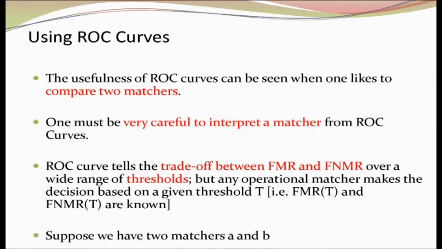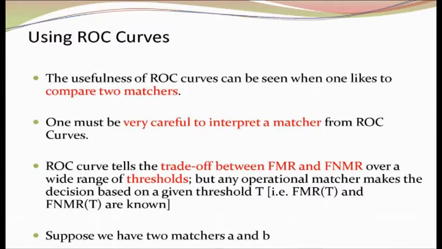Now, this can be used to compare two matchers, but while comparing you should be careful, because you cannot directly say this matcher is better than the other one. I will come to that conclusion later, but the ROC curve tells you the trade-off relationship between FAR and FRR, right.